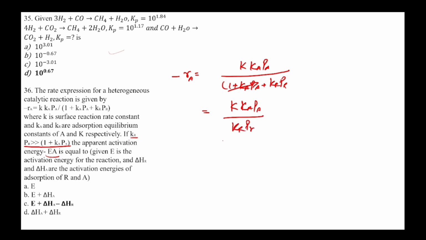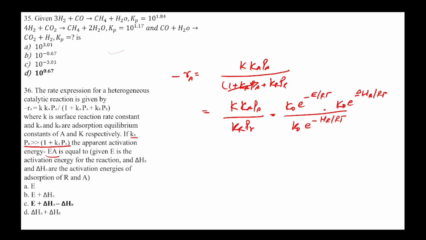Now write everything as K naught e to the power minus E upon RT, into K naught e to the power minus delta HA upon RT, over K naught e to the power minus delta HR upon RT.